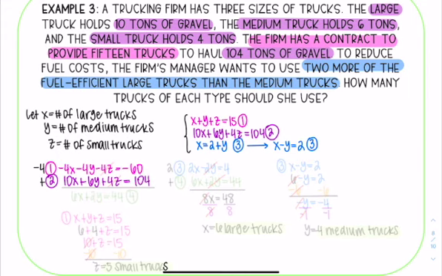So when I add these together, the z's are going to cancel like they're supposed to. We end up with 6x plus 2y is equal to 44. And I'm going to label this as equation number 4.